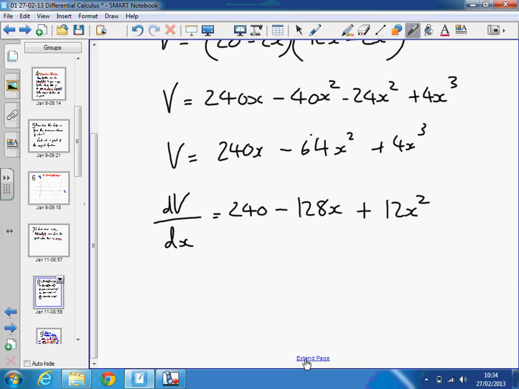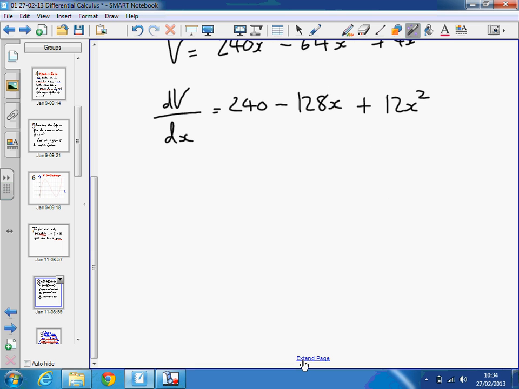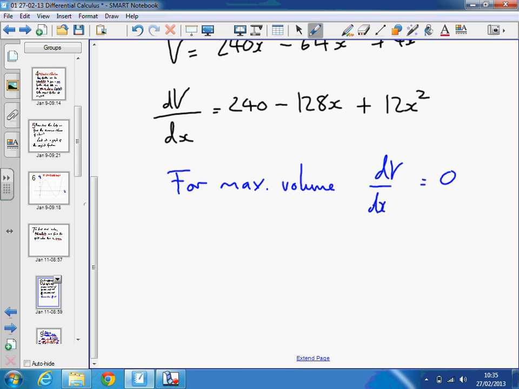But as has been pointed out, we're interested in the maximum value. So for maximum volume, the differential, which is dV by dx, equals 0. So I write that, this 12x squared, writing it in order of power, minus 128x plus 240 equals 0.